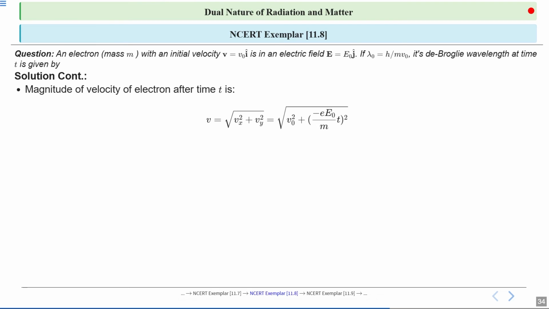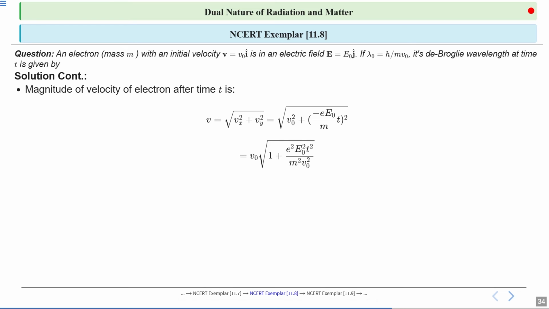So squaring both these components and taking the root, we get the resultant velocity magnitude. The magnitude of velocity of the electron after time t is v equals square root of vx square plus vy square. Putting the values of vx and vy gives v equals square root of v naught square plus (minus e E naught t upon m) square.